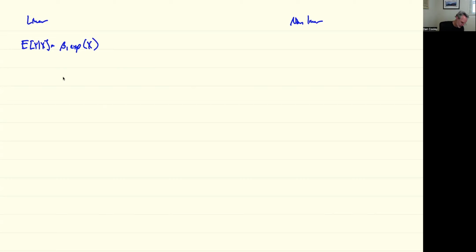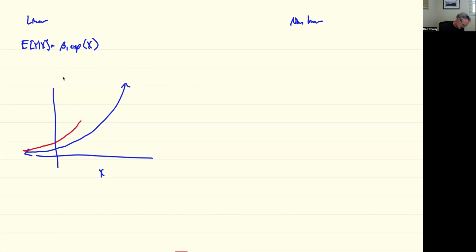Okay, the behavior that we could get here, if this is x down here, here is the exponential function. And if beta 1 were 2, then I would take 2 times this, and I would get something like this.